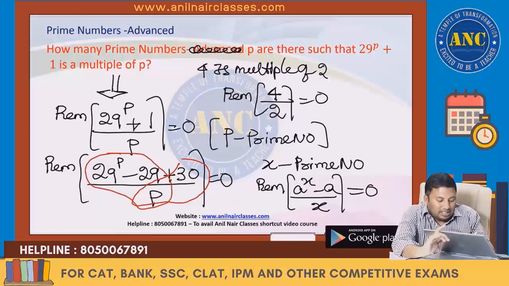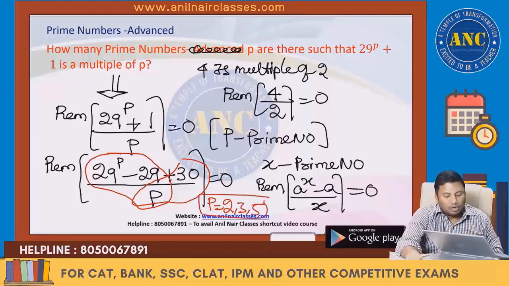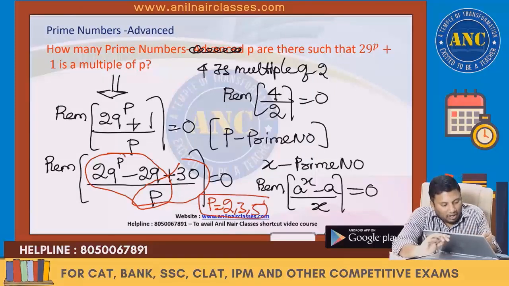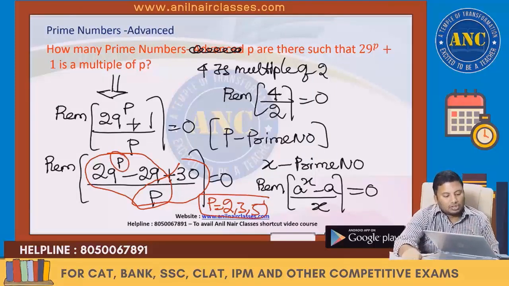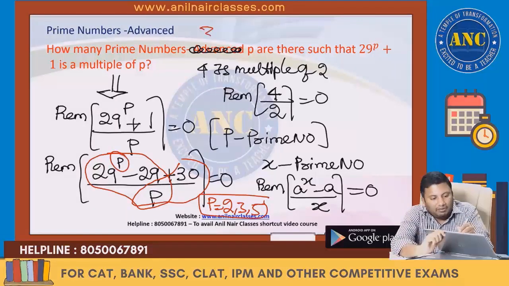If 30 is divisible by p, what are the prime factors of 30? 2, 3 and 5. Here p also should be a prime number. So answer is 3 prime values it will take.